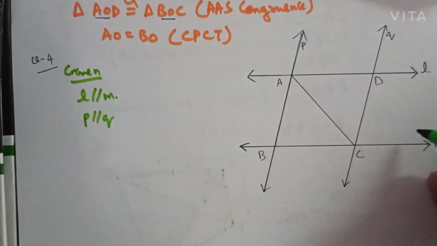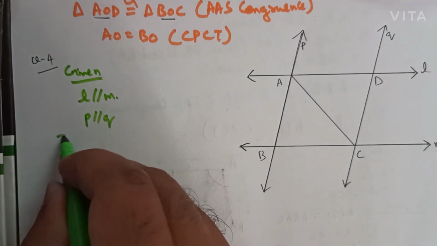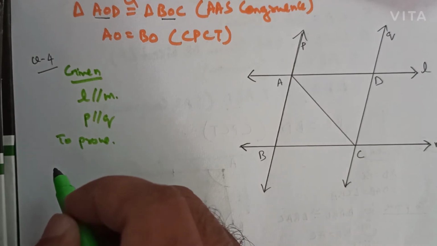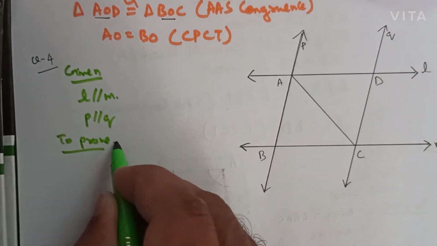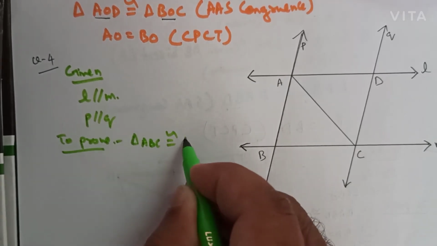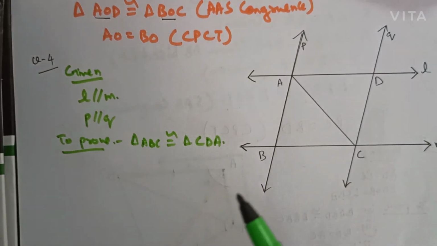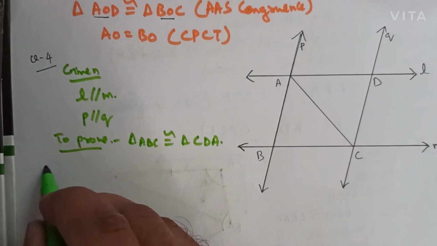We have to prove that triangle ABC is congruent with triangle CDA. ABC is congruent with CDA. This we have to prove. So we will start our proof.